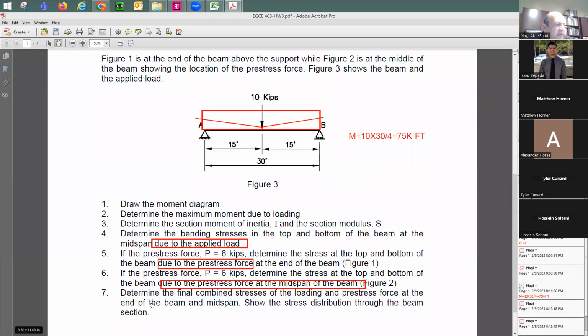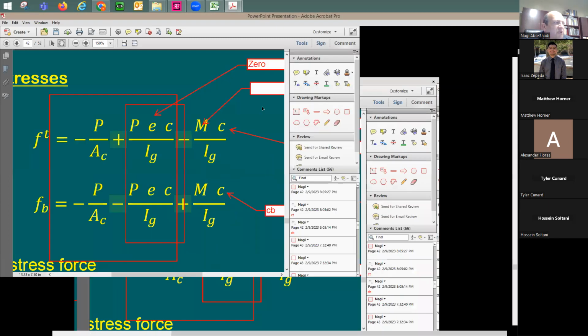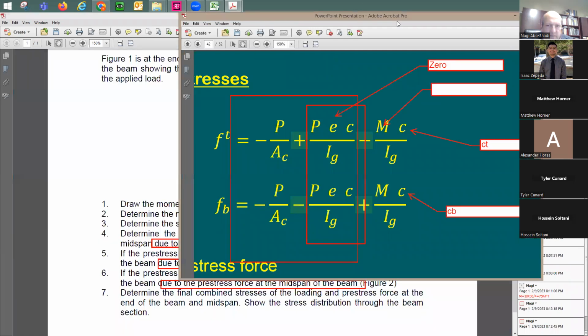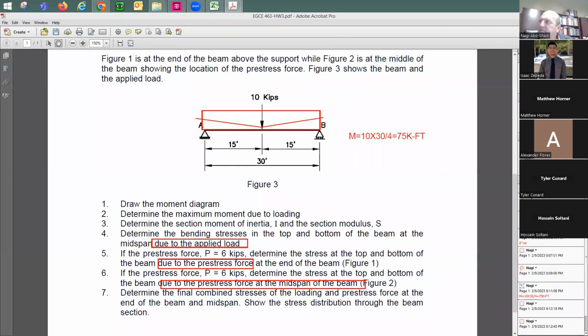Number 7 here, determine the final combined stresses, which means that you take the stresses from the load plus the stresses from the pre-stressing, which means that you apply this equation. So what is the last item required here? It is actually about just using this equation.